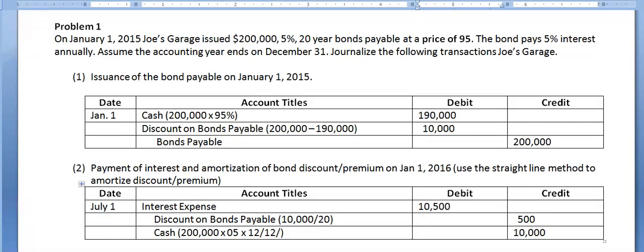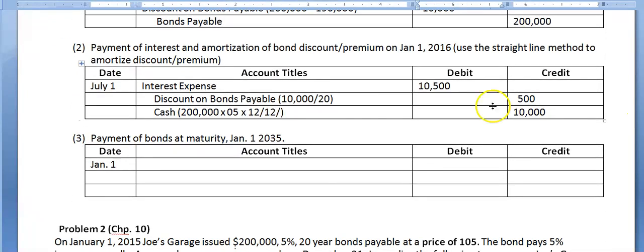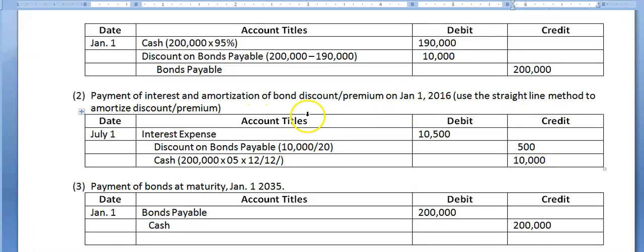Now, what do we do at maturity? Maturity is very easy. We just debit bonds payable for the face value, and we credit cash for the principal or face value. Now, we skip the other 19 years in between, but those 19 years would look just like this.